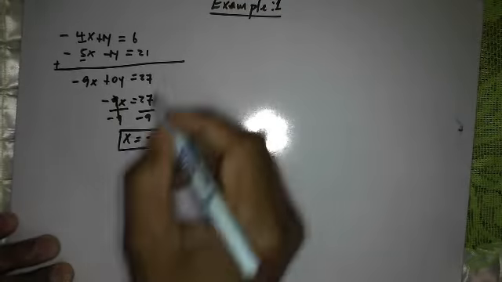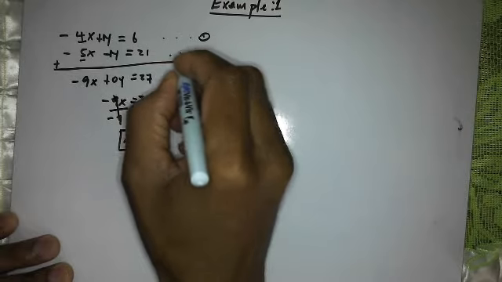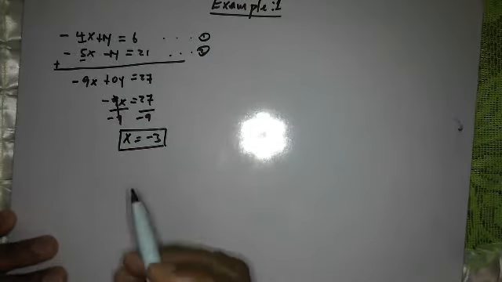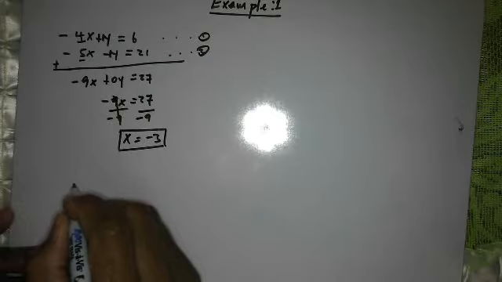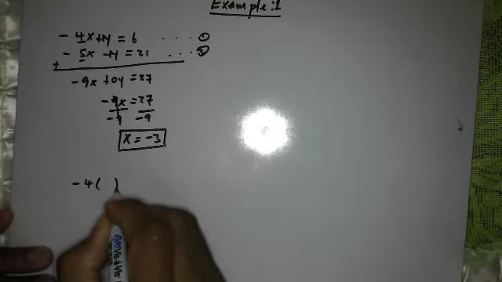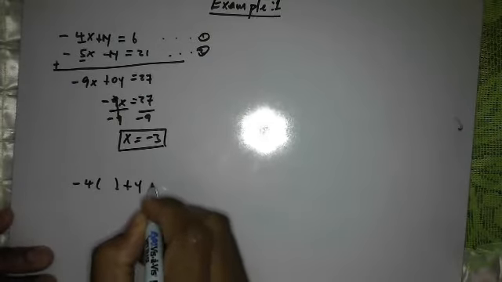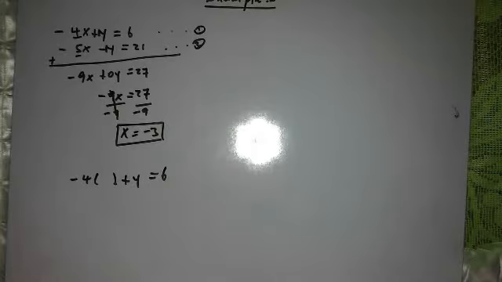I could call this equation 1, and that equation 2. So let's say we use equation 1. It says negative 4x plus y equals 6. But remember that your x is negative 3. So negative 4 times negative 3, that is positive 12, plus y equals 6.